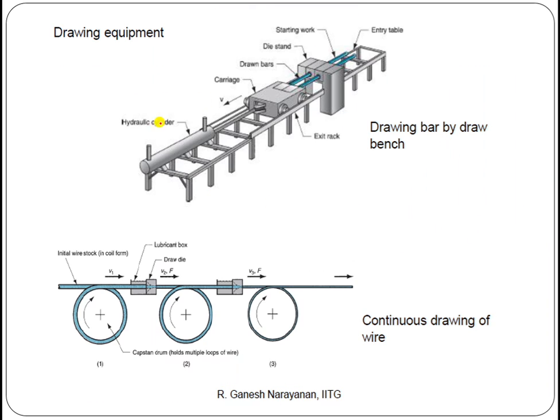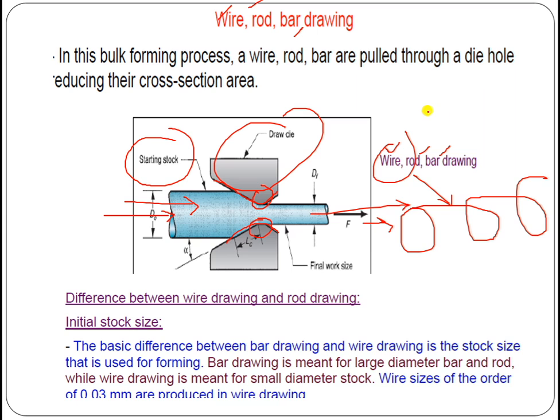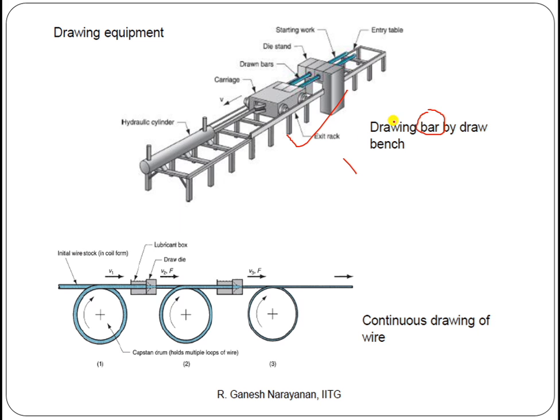Here, this is the drawing equipment, drawing a bar from a bench. For a bar or rod of smaller dimension, just more than wire but not very big, it will be passed through these drums which hold multiple loops of wire. This is continuously rotated, and it will be fed to the different dies.